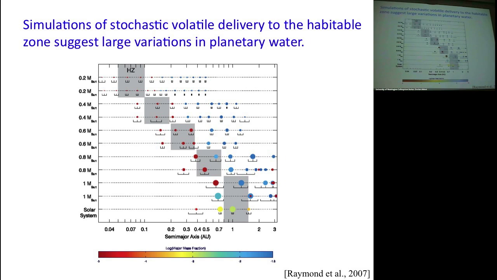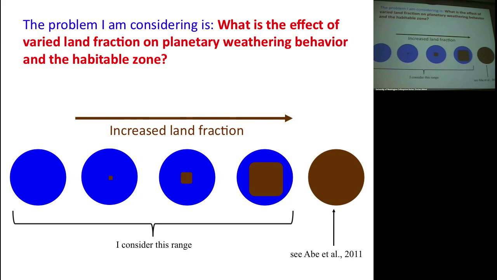So at the same time that the weathering of planets could have a strong dependence on how much land you have, we could expect that habitable zone planets could, at least at the delivery level, have vastly different amounts of land exposed. And so what I want to do is make a stab at this problem. I want to see what the effect of changing the land fraction on a planet is in terms of its weathering behavior and the width of its habitable zone.